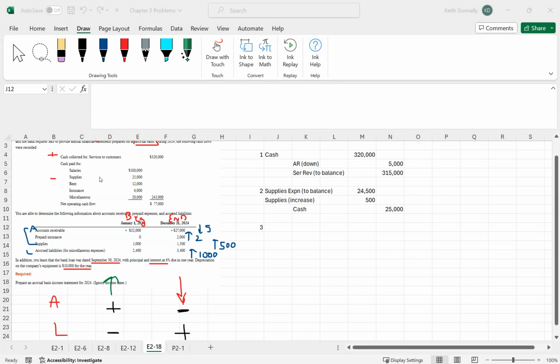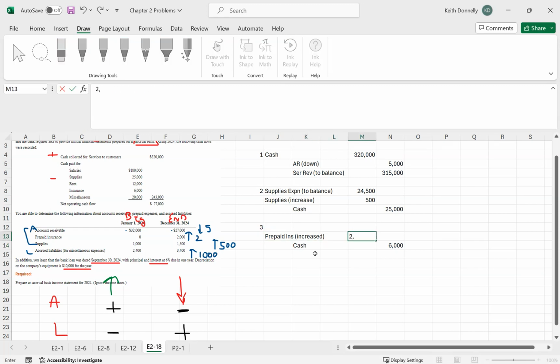Right, so the next thing is the insurance. We paid $6,000, so we have cash of $6,000. You can think of that like a credit to cash, an outflow. We know our prepaid insurance increased by $2,000.